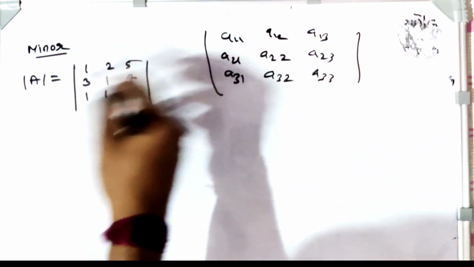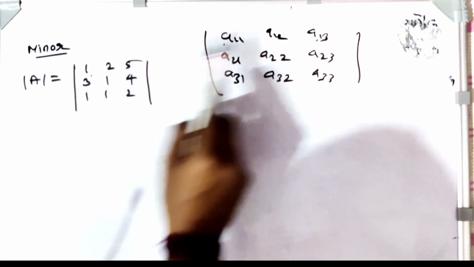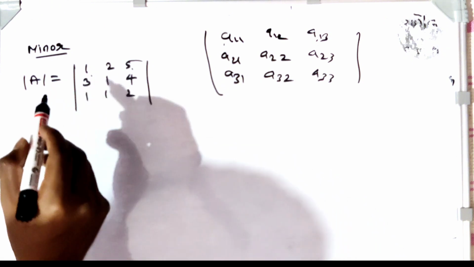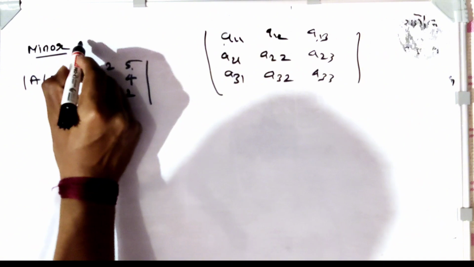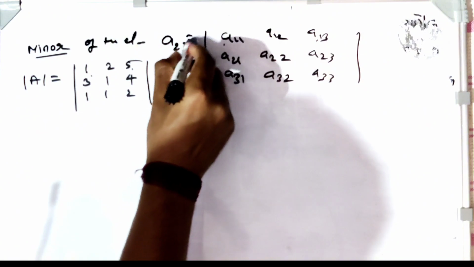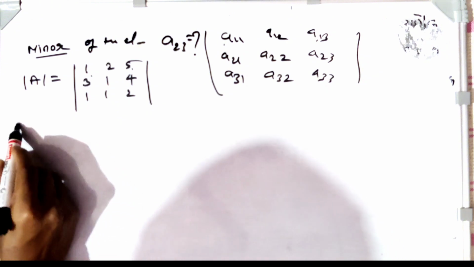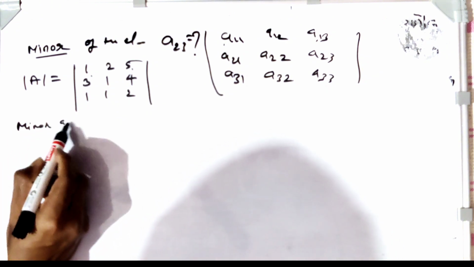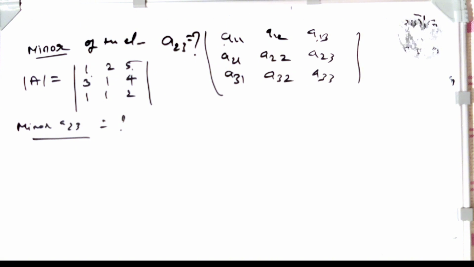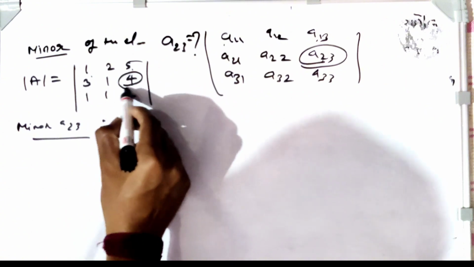This is a square matrix. The element A11 is 1, A12 is 2, A13 is 5, like this. If the question is to find the minor of the element A23, which is the element A23?